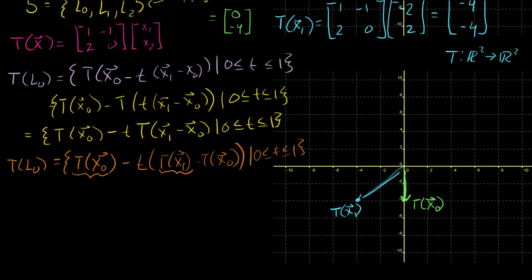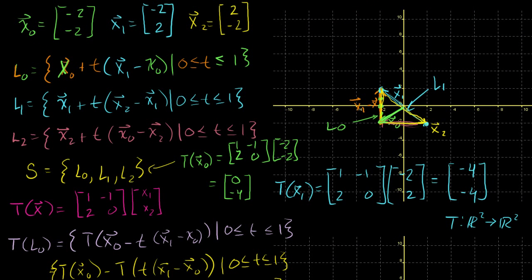And we have one left. Let's take our transformation of x2. So the transformation of x2 is equal to our transformation matrix, [1, 2; minus 1, 0], times [2; minus 2]. And so this will be equal to 1 times 2 is 2, plus minus 1 times minus 2, so it's 2 plus 2 is 4.